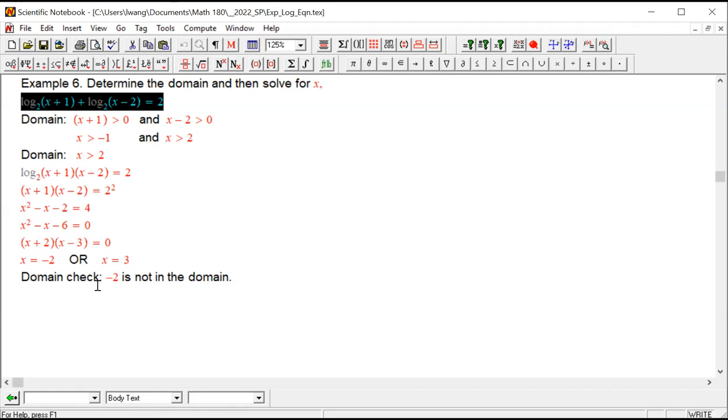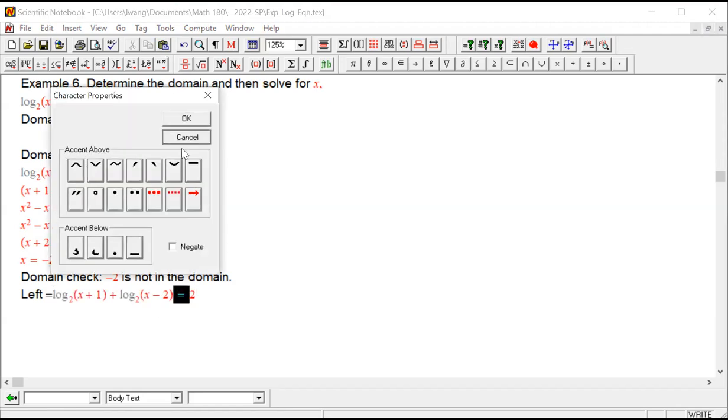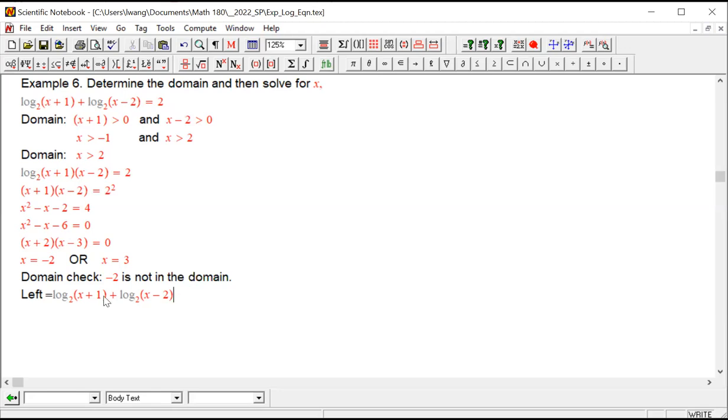The left side equals the original equation, putting the 3 in place. And what do we get?